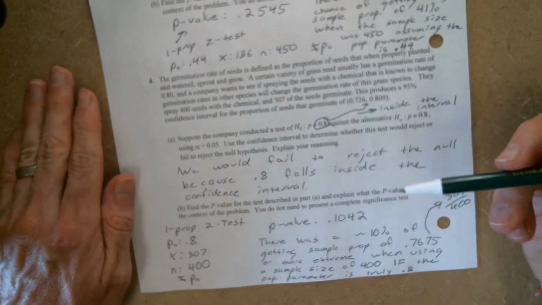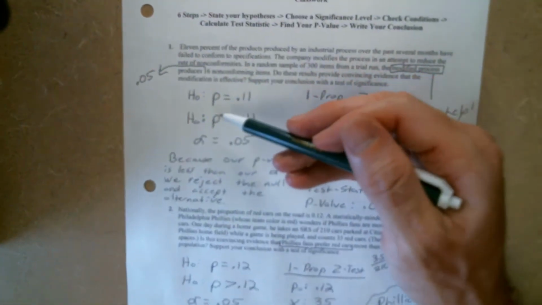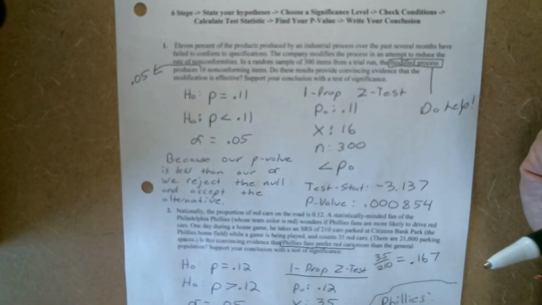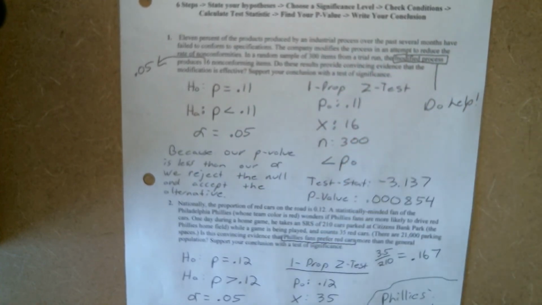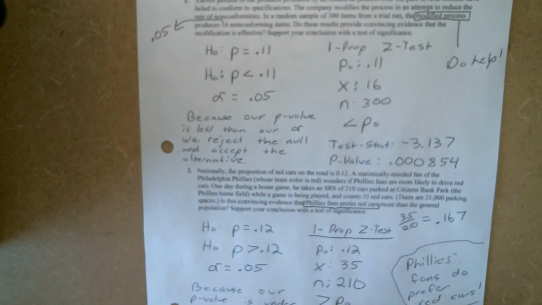So again, hopefully this is helpful. The idea is you have a starting point, you gather data, and then you're saying, is this data that I gathered far enough away from this starting point that I can be reasonably confident that my starting point is wrong? And if it's not far enough away, then we say we're not convinced that our starting point is wrong.